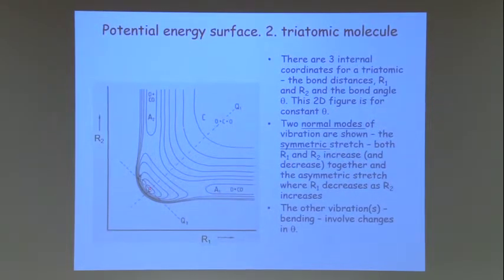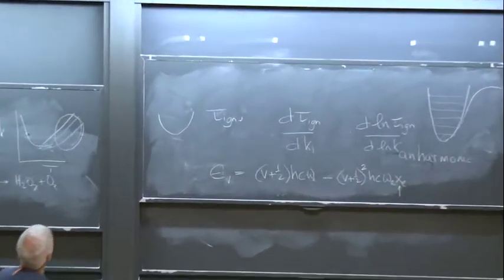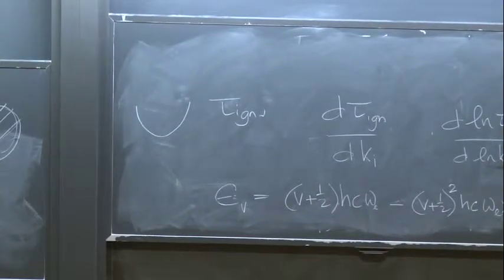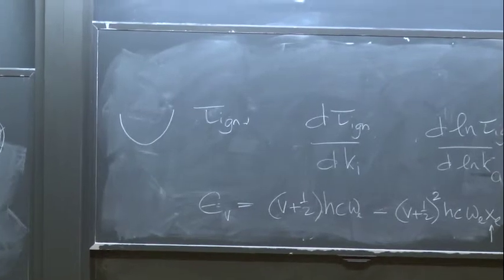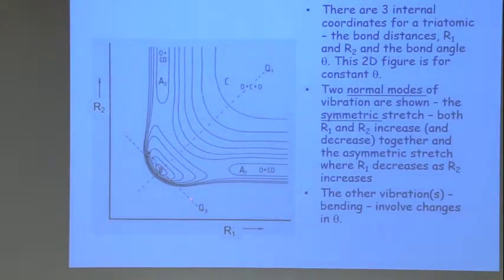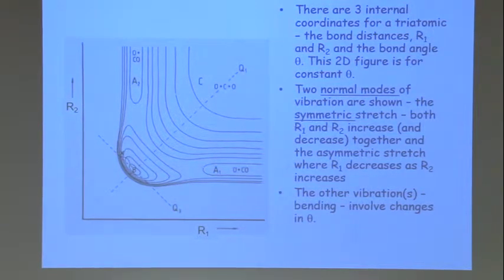And there's the equilibrium configuration for CO2. If we look in this direction, we've got a potential energy that looks like that. We're sitting at the minimum of the potential energy. And if we look in that direction, again, we're sitting at the minimum. This direction here corresponds to R1 increasing and R2 decreasing, so this is the asymmetric stretch.